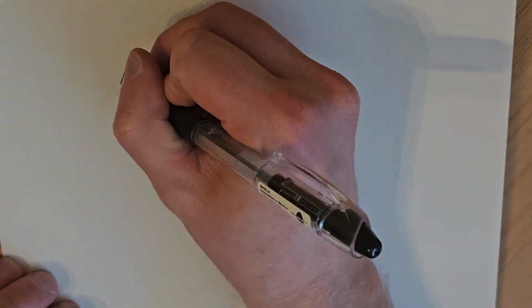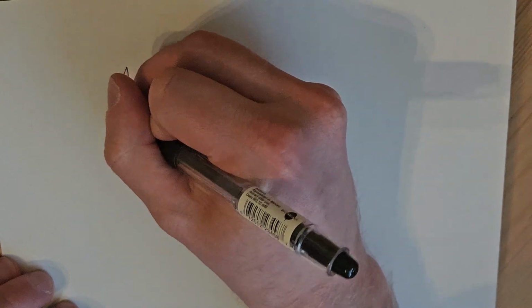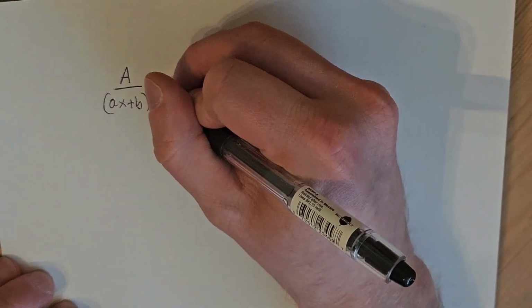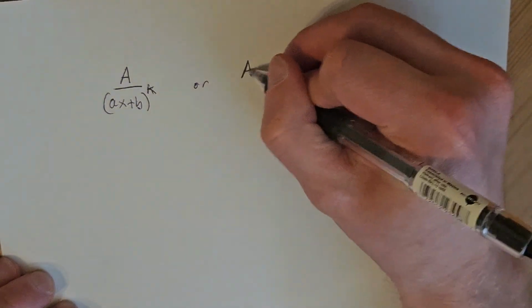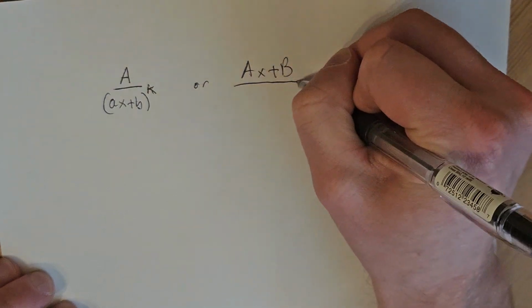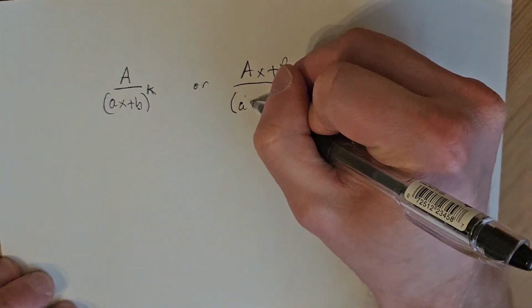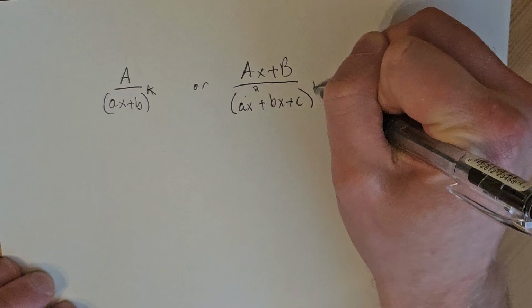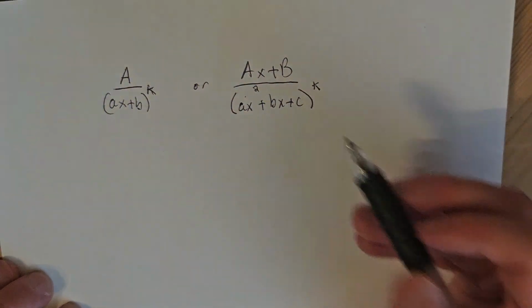It turns out that for partial fraction decomposition, we can always write out our rational function, which is a polynomial over a polynomial, as sums of things that look like this, or this, for some k here.